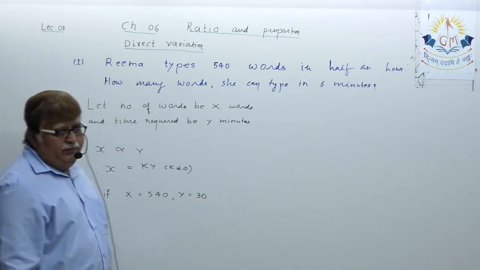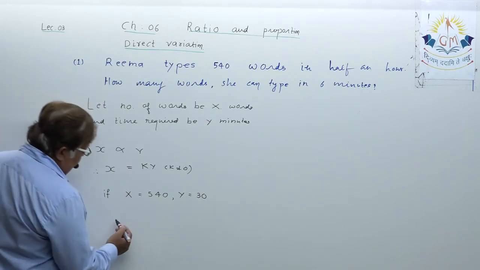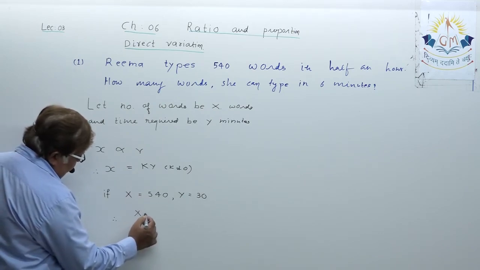Half an hour we can write as 30 minutes. Next step, write the relation again.